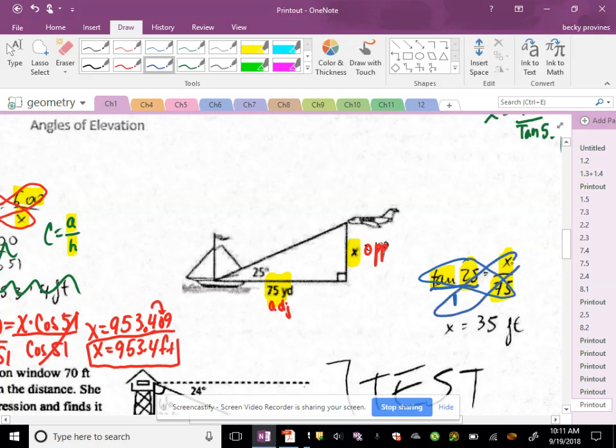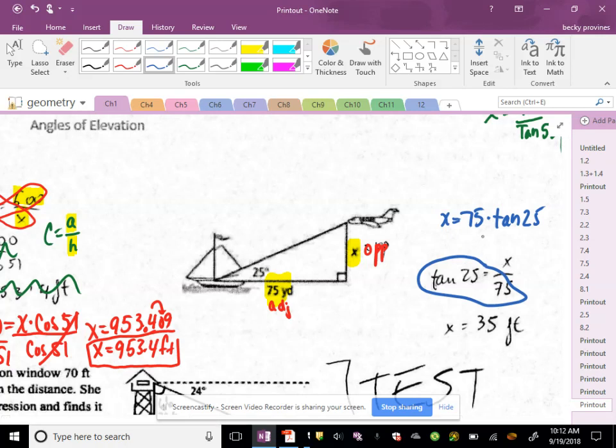Now, this one's going to look a little different than the previous two. 1 times x is x. And now I'm going to erase a little bit so I can tell what that number is. Okay, and so then I'm going to do 75 times tangent 25. Remember, the 75 goes in front of the tangent. So you type it in exactly as you see it. So 75 tangent 25, enter.